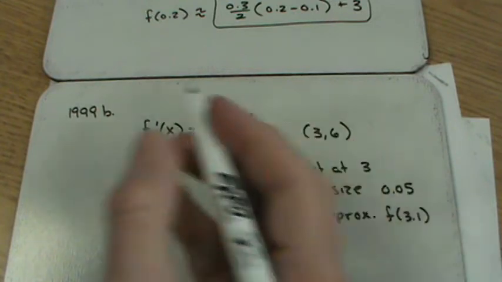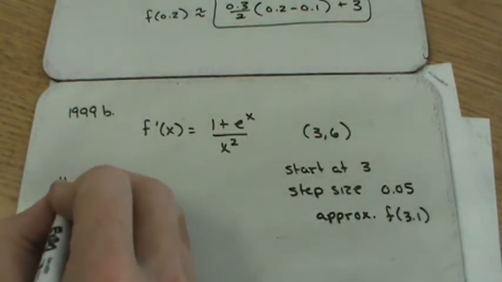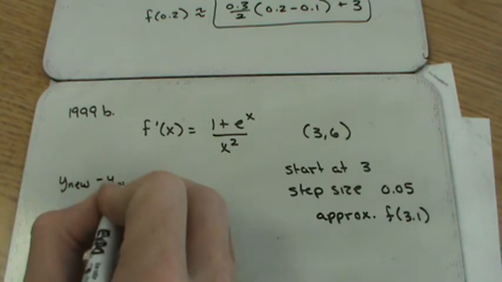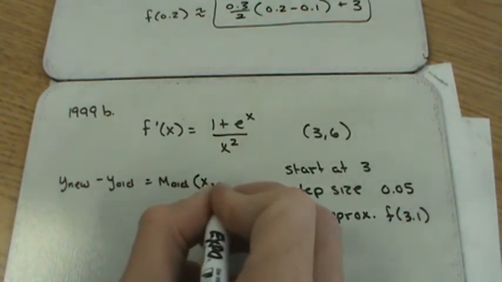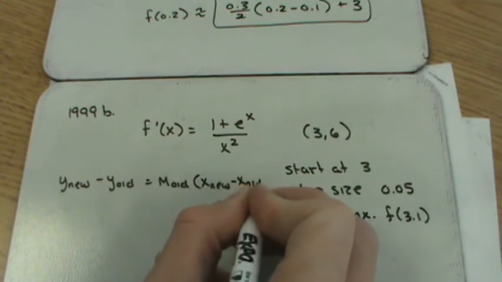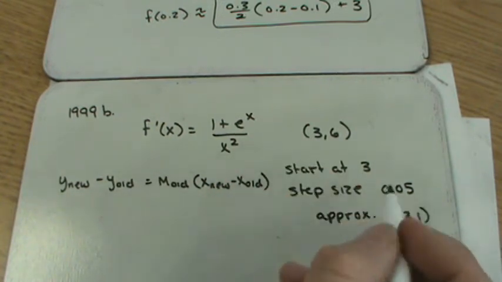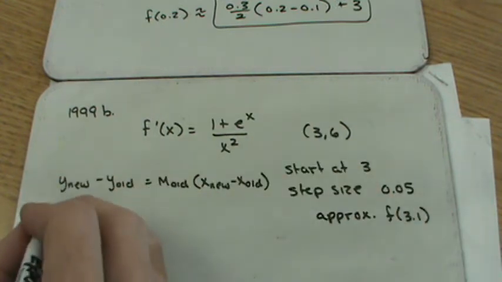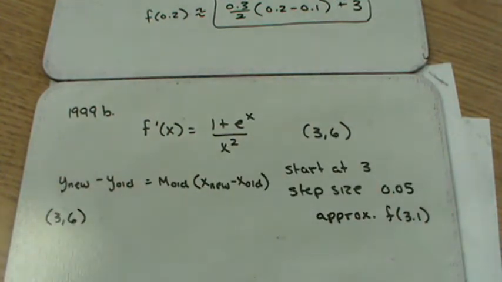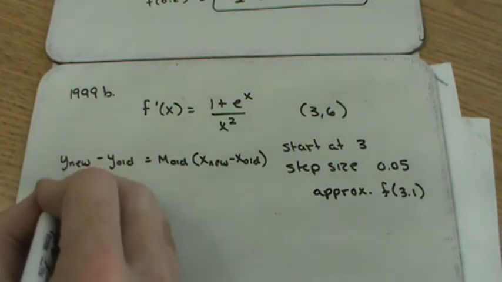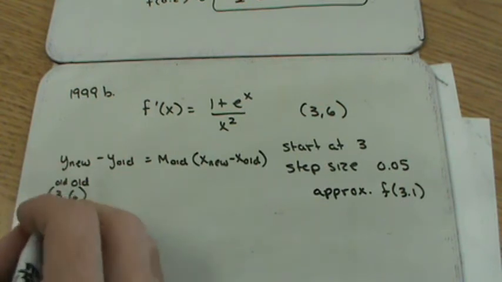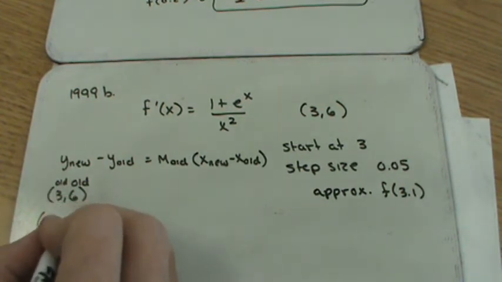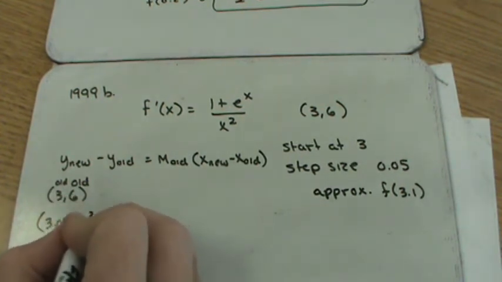Okay, same thing. So let's go ahead and do our formula. y new minus y old equals m old times x new minus x old. Okay, so we've got 3, 6. That is going to be our old point. And we're going to use one step size, so we're going to add that on there, so 3.05, comma, blank. That's what we're trying to find. These are going to be our news.